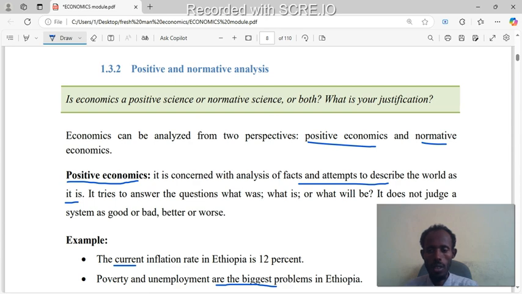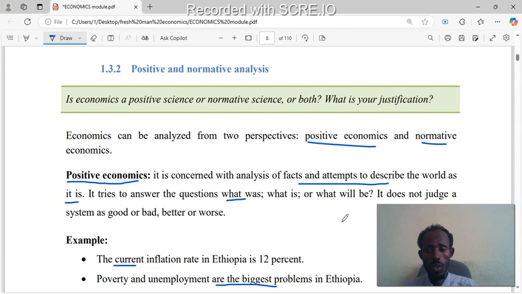It tries to answer the questions: what happened in the past, what is, and what will be. So it covers the past, present, and future, describing the fact depending on the gathered data and answering what happened in the past, what the current situation is, and what will be in the future.